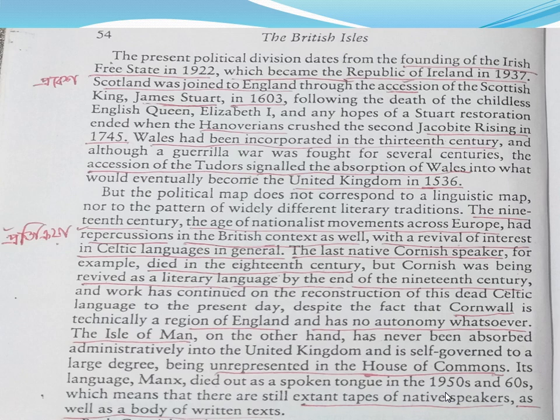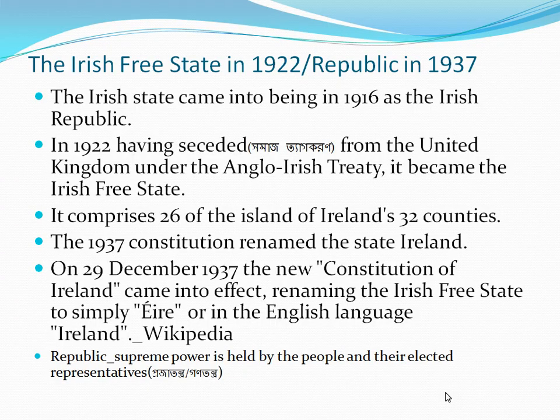So these states, Ireland, Scotland and Wales, 400 years back were independent. In 1922 Ireland declared itself a free state, in 1603 Scotland joined under the UK government, and Wales also joined in this way. That means the United Kingdom has an identity.